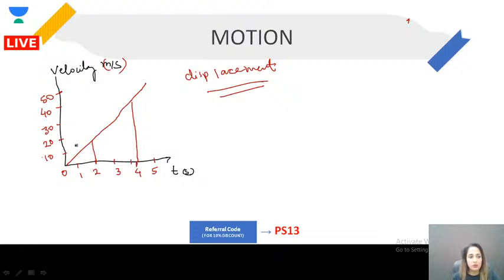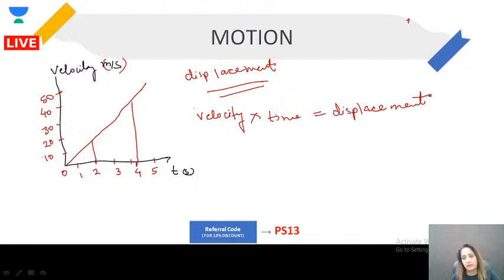So we want to calculate how much the object moved from time 2 to 4 seconds. Otherwise what we do is velocity into time, and that gives us the distance or displacement.